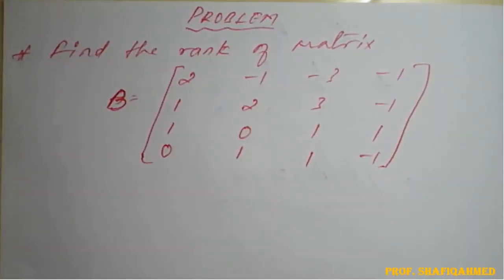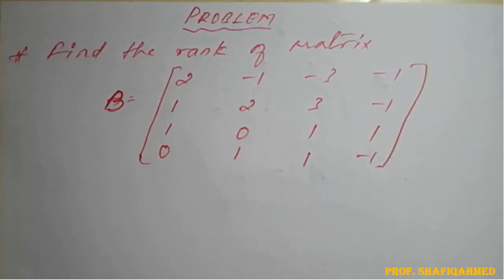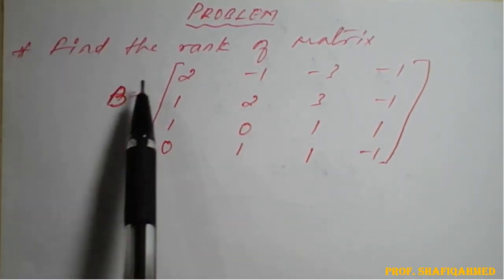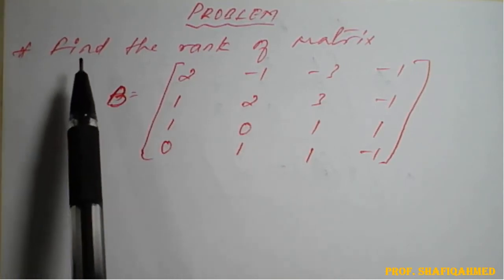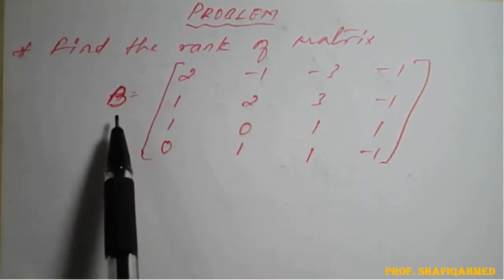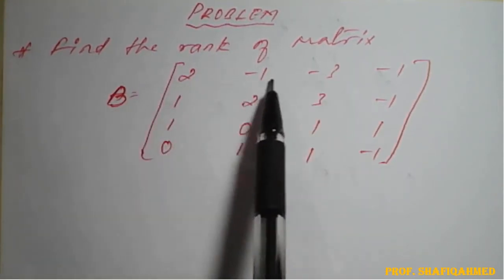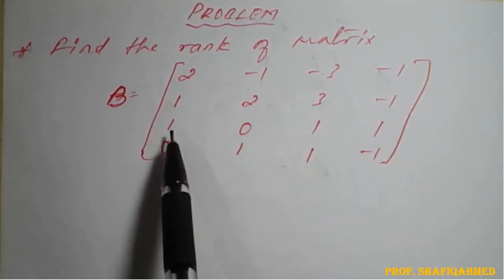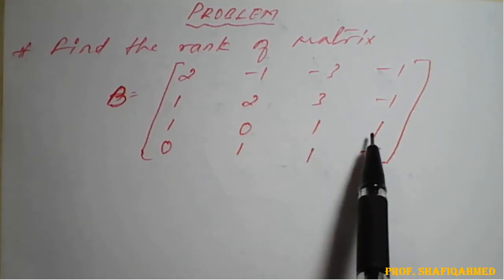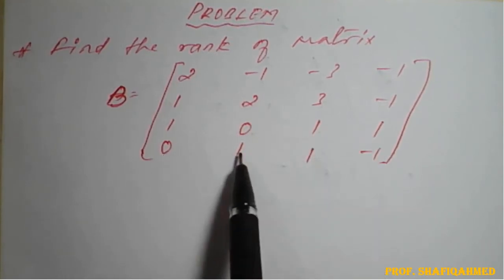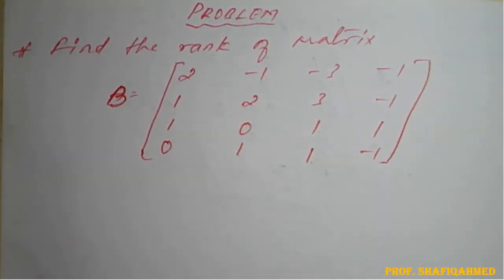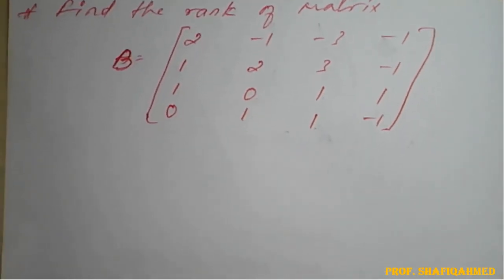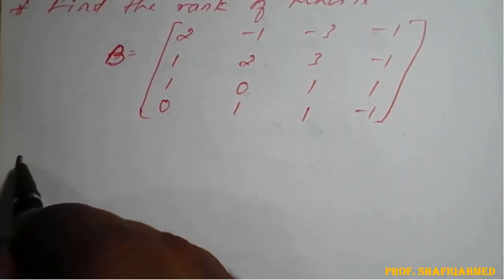Hello students, we'll see a problem on finding the rank of the matrix. The question is, find the rank of matrix B equal to 2, minus 1, minus 3, minus 1, 1, 2, 3, minus 1, 1, 0, 1, 1, 0, 1, 1, minus 1. So the given matrix we will take as it is.